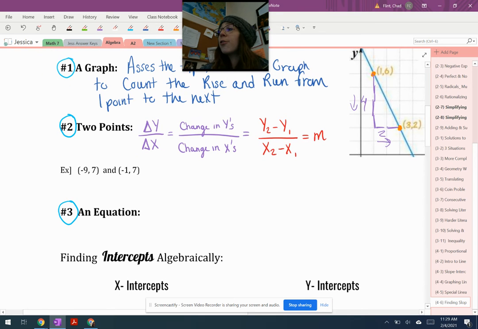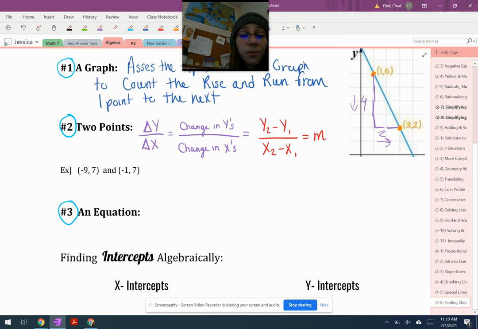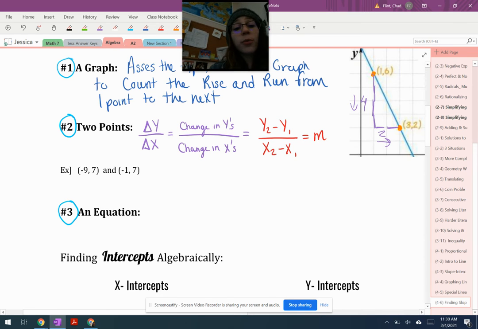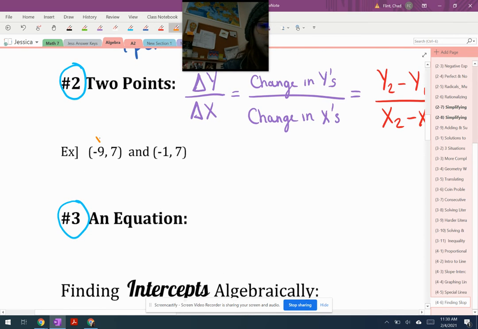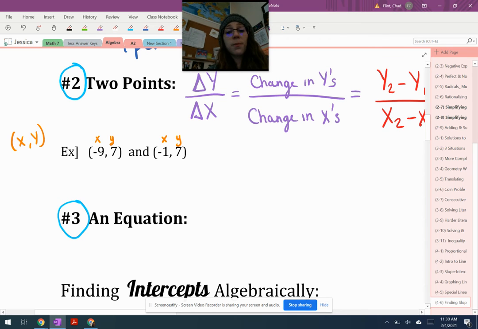So I'm going to use that formula to do this little baby example. Let's go orange. Whenever I'm looking at points, because we're human and we make mistakes, I take the 2 seconds it takes and write the x and the y above the coordinates, reminding myself that x comes first and y comes second.